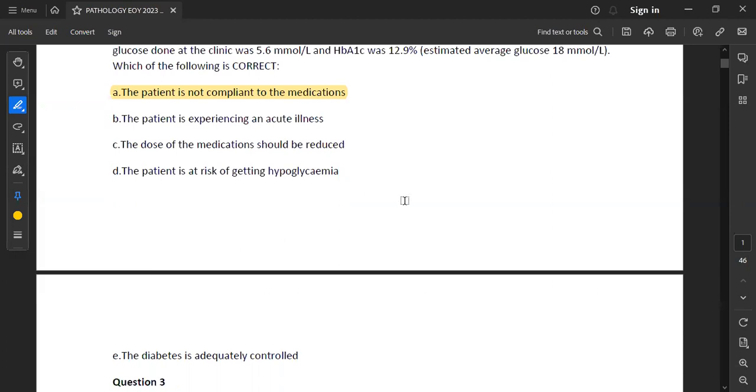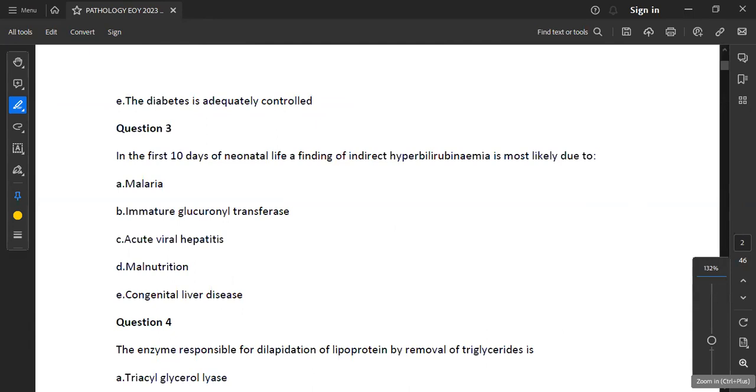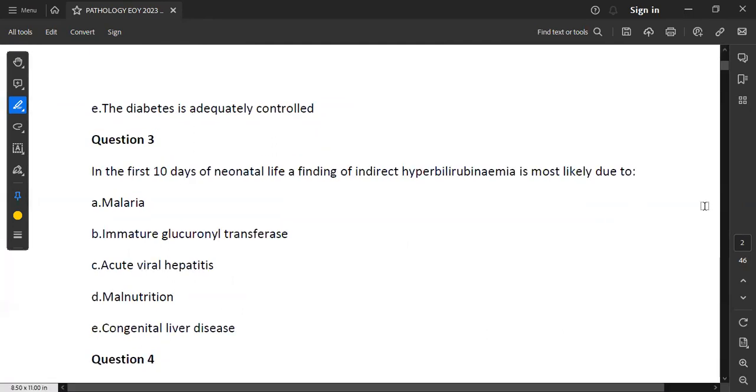Number 3, what do you guys think is the answer? B, yes. In the first days of neonatal life, one reason for indirect hyperbilirubinemia is the immature liver enzyme.